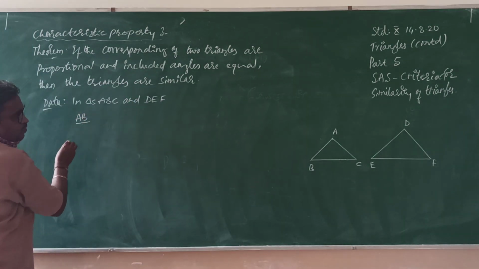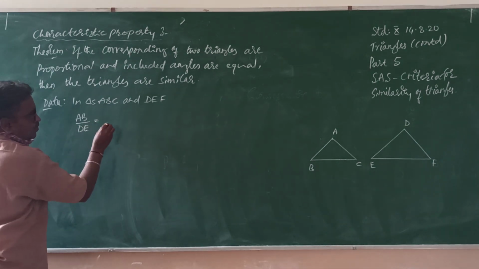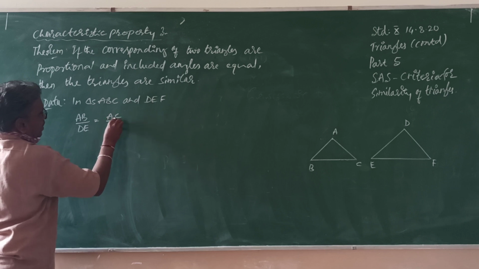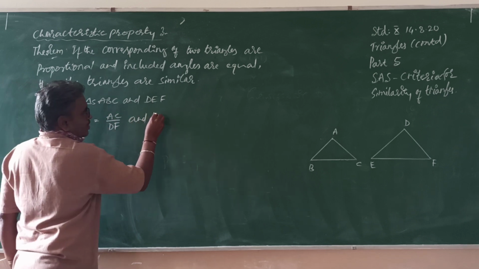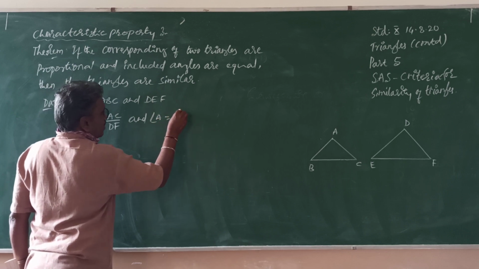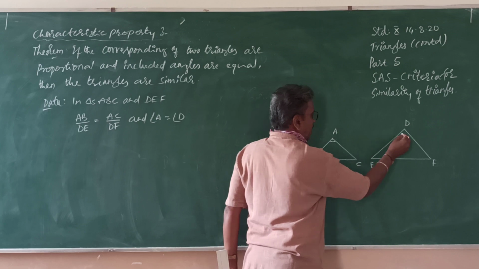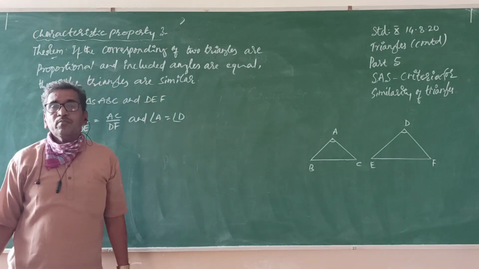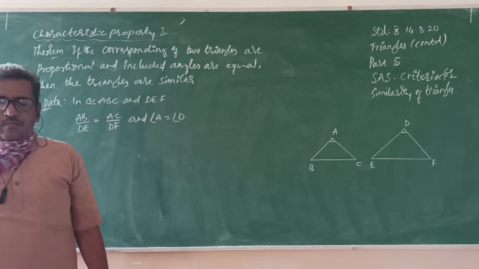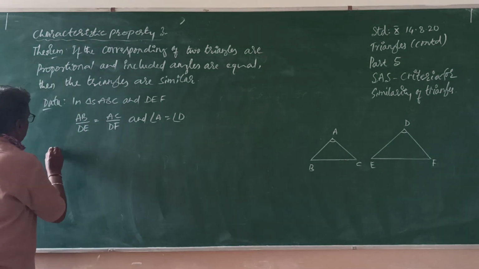AB corresponds to DE, AB by DE is equal to AC by DF, and angle A is equal to angle D. They are given. If the included angles are given equal and two corresponding sides are in the same ratio, you can get proportion.